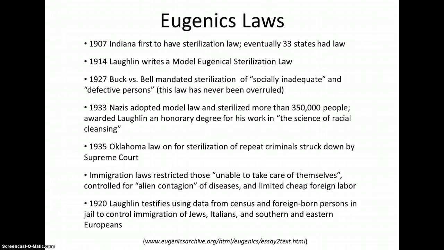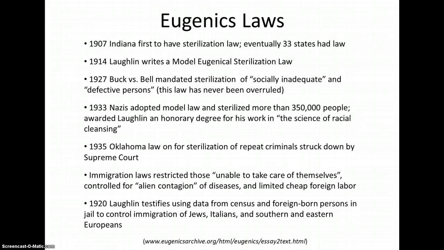However, the immigration laws still restricted those that were considered unable to take care of themselves. It also controlled for alien contagion or diseases and limited how much cheap foreign labor could come into the country, not only to preserve the pay rates for our American workers, but also to limit the Eastern European area where this cheap foreign labor was coming from, or from China.